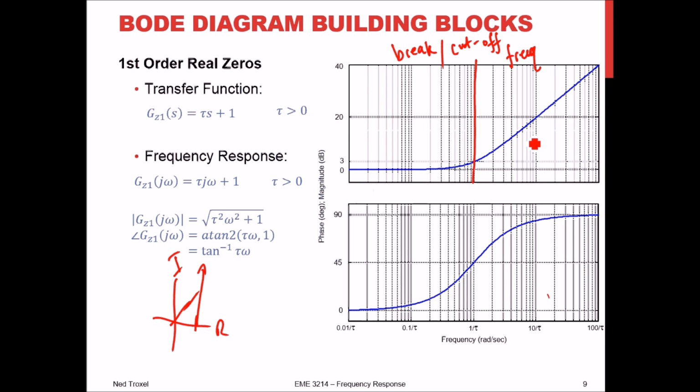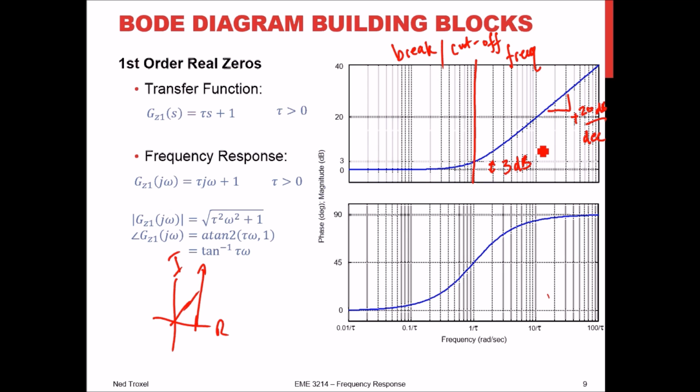You'll also notice that in this case it's now a positive 20 decibels per decade slope as you go to very high frequencies, and it'll stay like that. Flat on the left, a slope of 20 decibels per decade on the right, and at the cutoff frequency we have 3 decibels larger. So the pole was down by 3 dB, the zero will be up by 3 dB.